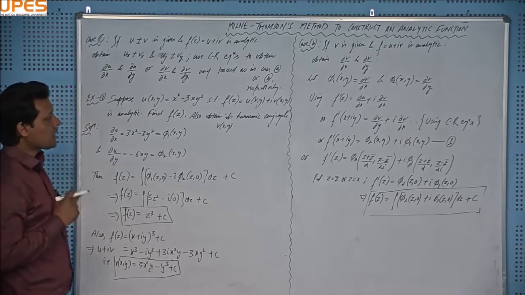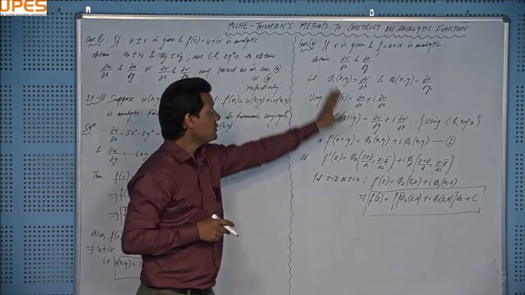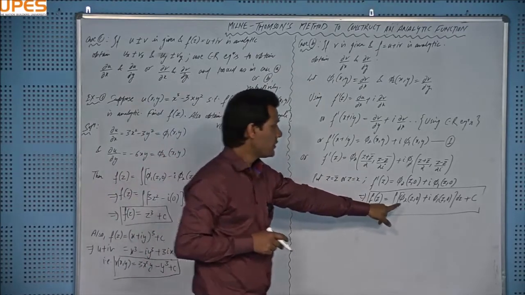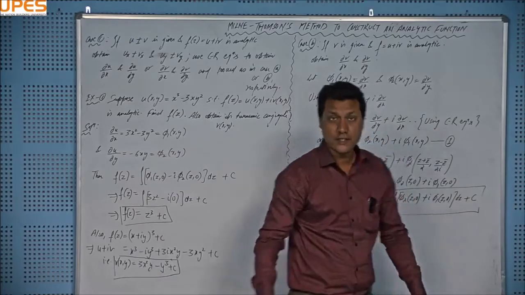Now I will take the example for case number B when V is given, and you should remember this formula. In that case, phi 2 comes first and then plus iota times phi 1, right?